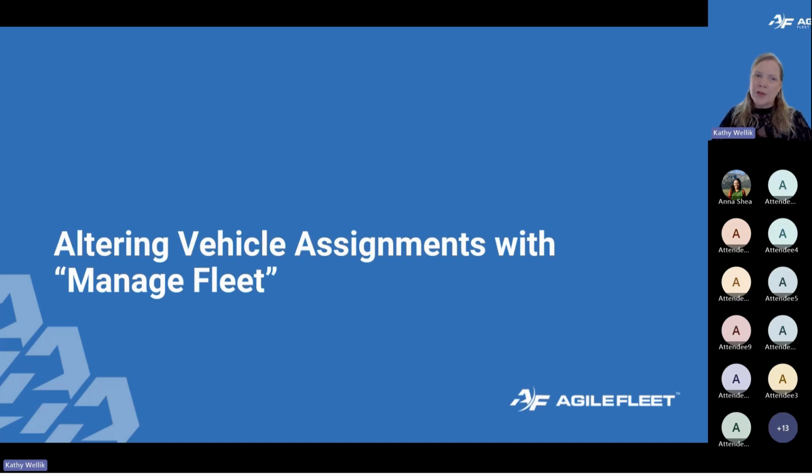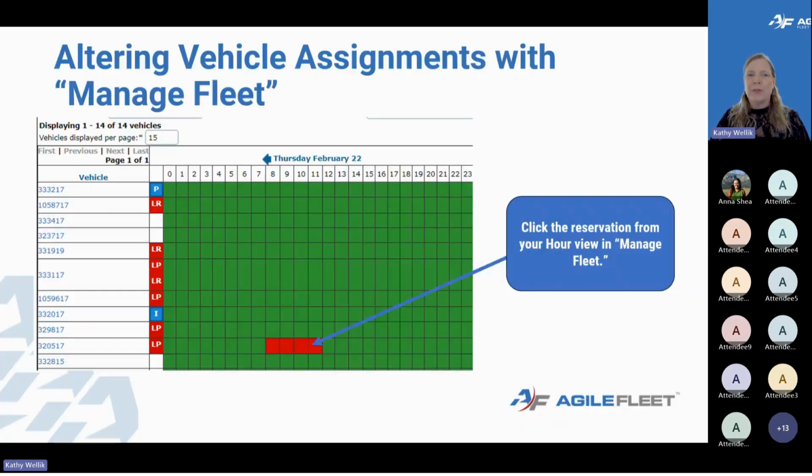Now, how do we alter a reservation from that green space in manage fleet? To change that reservation, we're going to click the reservation from your hour view in manage fleet. We find that little reservation you want to change and click on it.